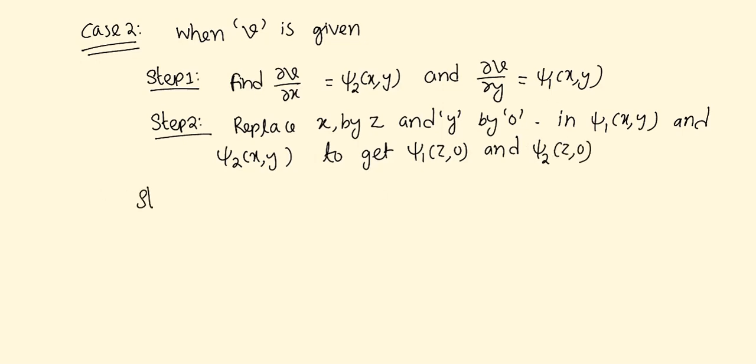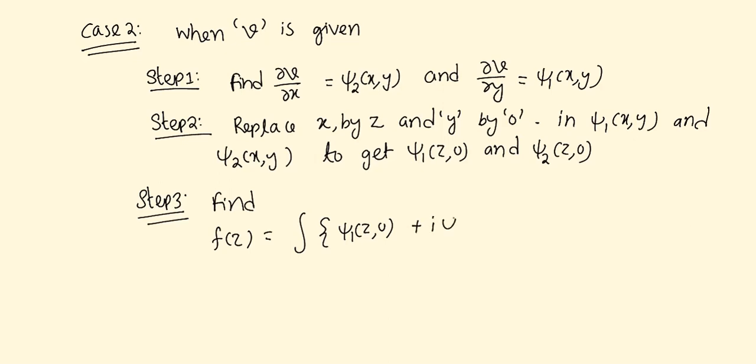Next, step 3, this will give the result: find f of z equal to the integral of psi1 function of z0 plus i psi2 function of z0 dz plus constant.